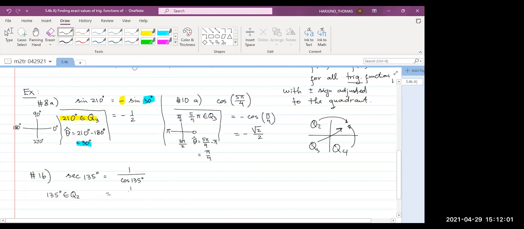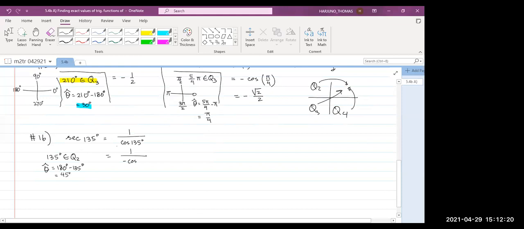So cosine will be negative. Okay, and the reference angle will be 180 degrees minus 135 degrees. That's 45 degrees. So this is 1 over negative 1 over radical 2. That's negative radical 2.